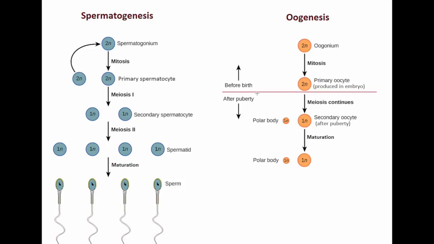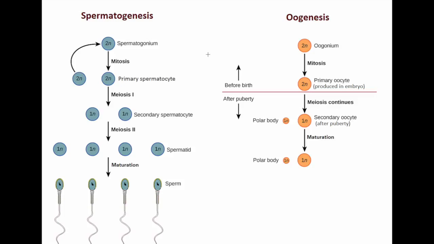In the male, the gametogenesis process is called spermatogenesis because we need sperms, and in the female it is called oogenesis.